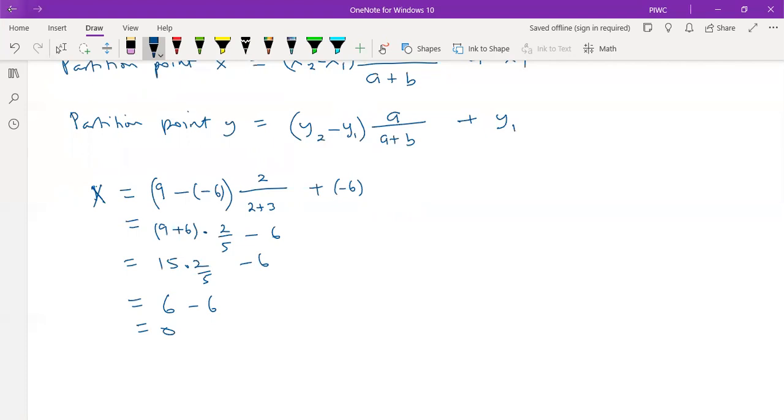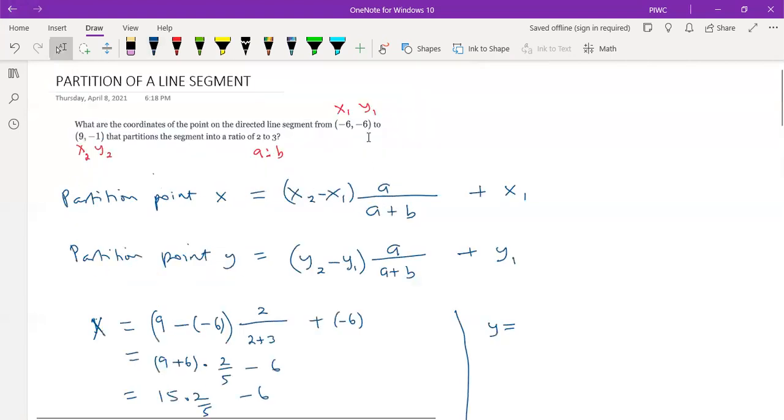So for the y, let's do that here. Partition point y will be y2. Your y2 is -1 and y1 is -6.